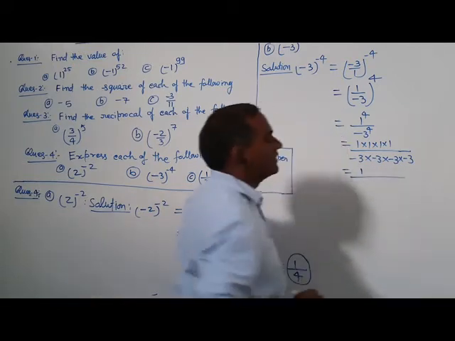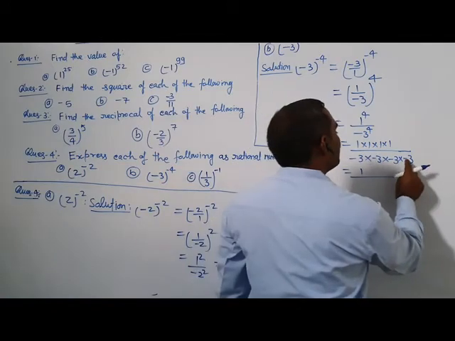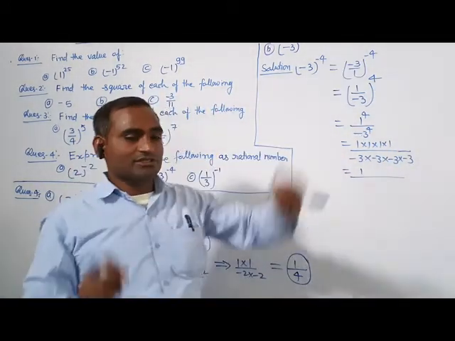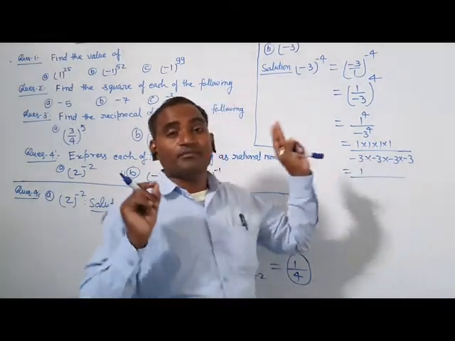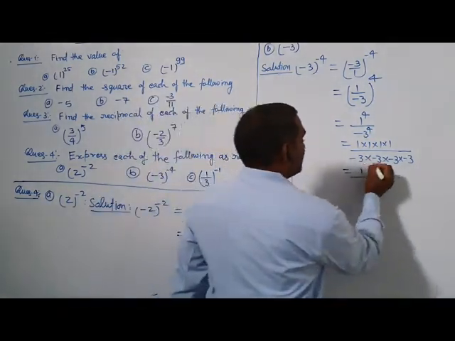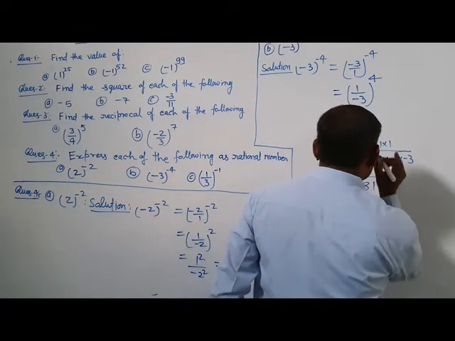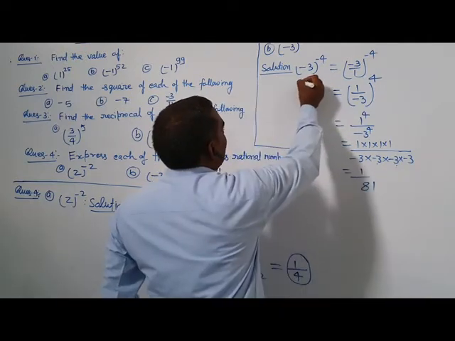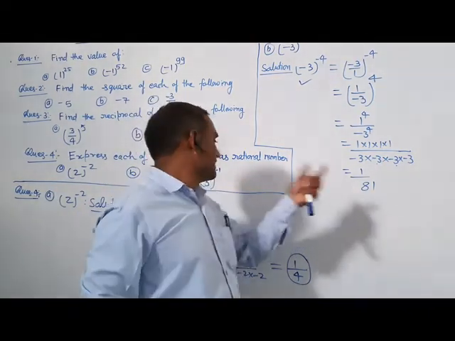Here the number of negative signs is even: 1, 2, 3, 4. In this condition, the sign of the product will be positive. So 3 threes are 9, 3 nines are 27, 3 twenty-sevens are 81. So 1 by 81 is the value of minus 3 raised to the power minus 4. This is a rational number.